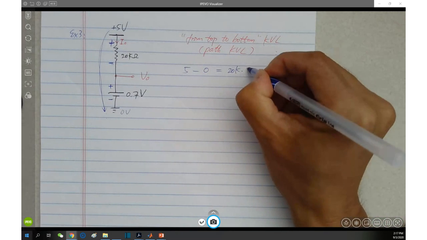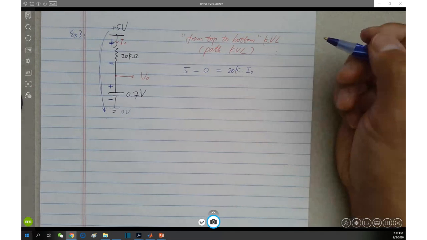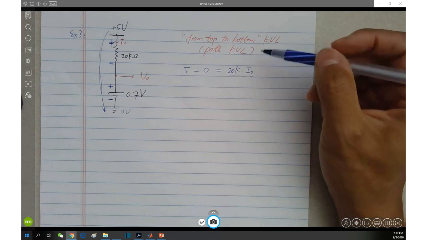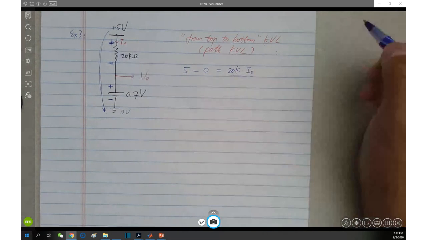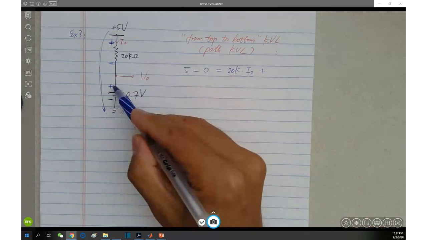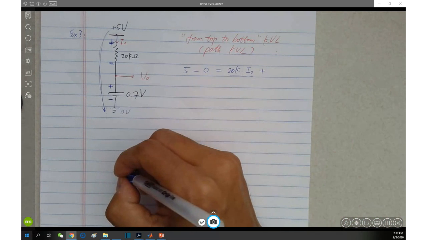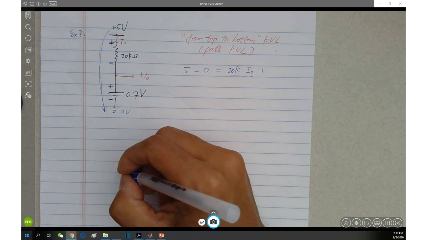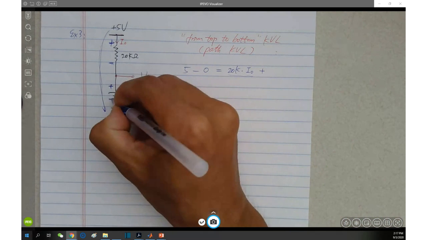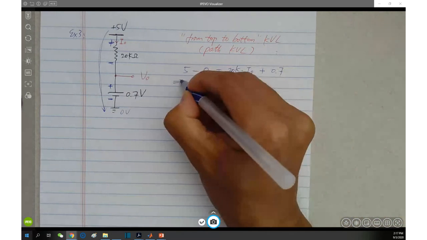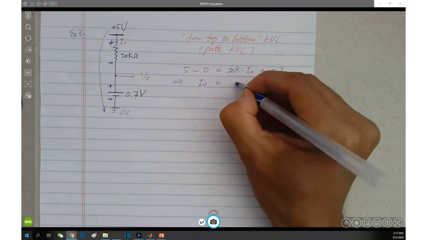So 5 minus 0 equals the voltage across the 20 kilo ohm, which by Ohm's law is 20 kilo ohm times I naught, plus the voltage of the voltage source, which is the easiest part, and with this polarity it's nothing but 0.7. One equation, one unknown.